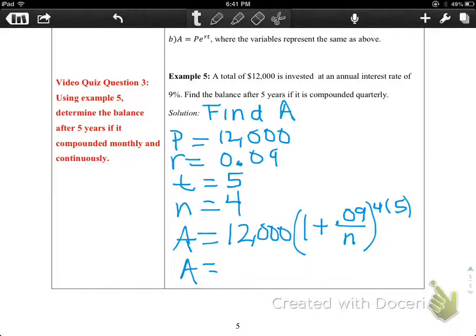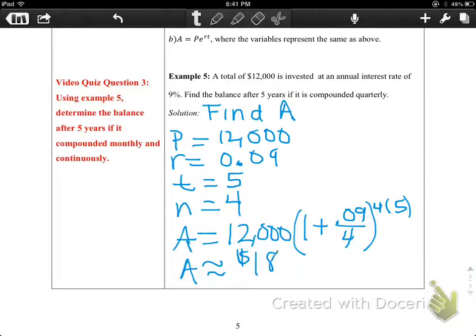And we know n is 4. All right, so you can put this in your calculator, and I want to change this to an approximation. That means approximately, because we're not going to get an exact answer.